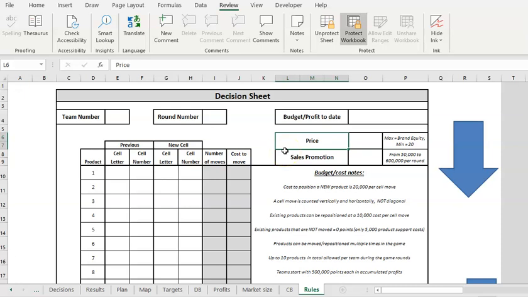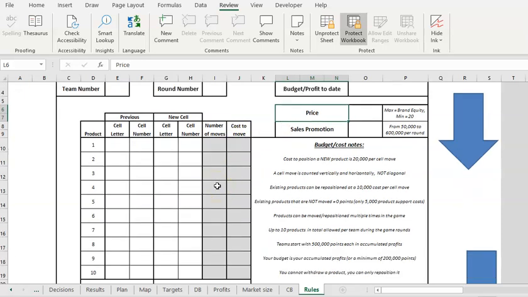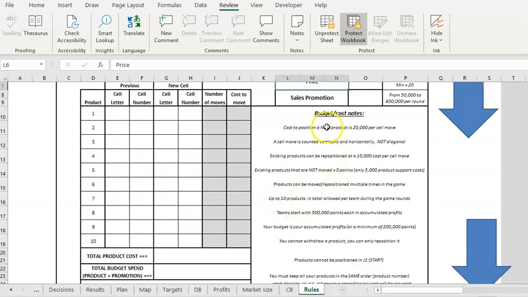So we set one price for all our product set, and we have one sales promotion contribution. So basically, as a manufacturer, we're providing product off to a retailer. So we say, hey, this is our brand, up to 10 products, and this is the price you're going to pay us. Okay, so the various rules are repeated there.